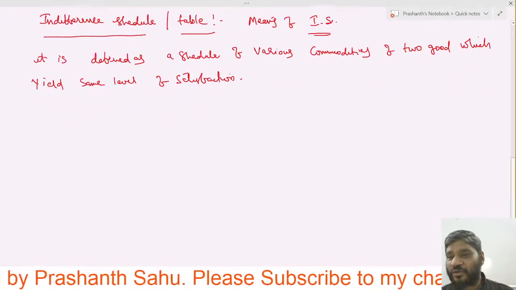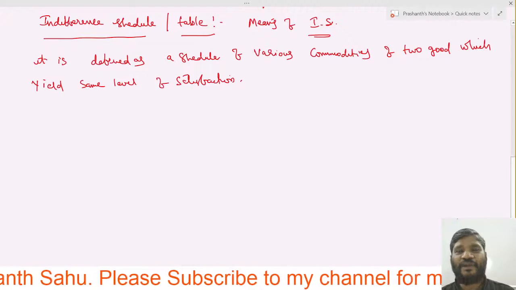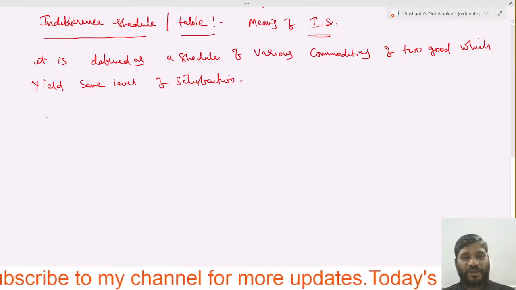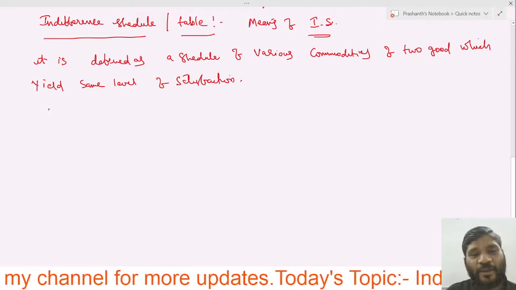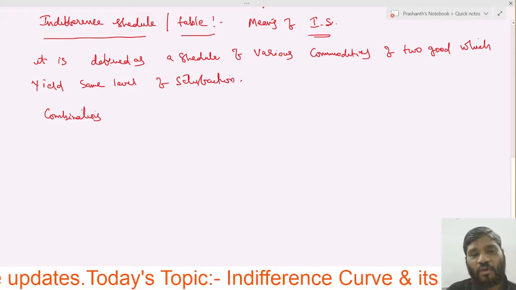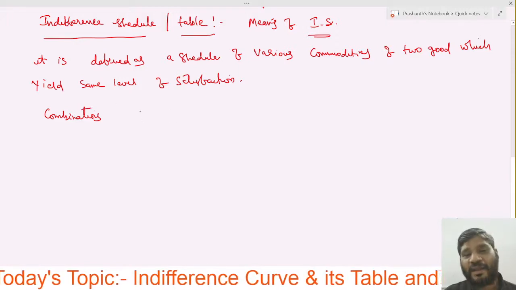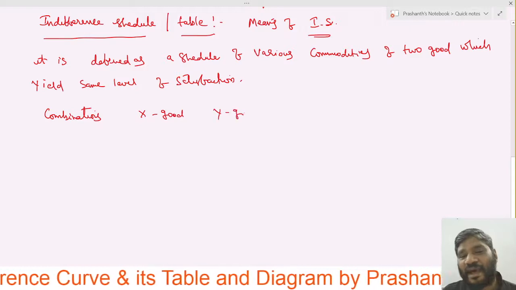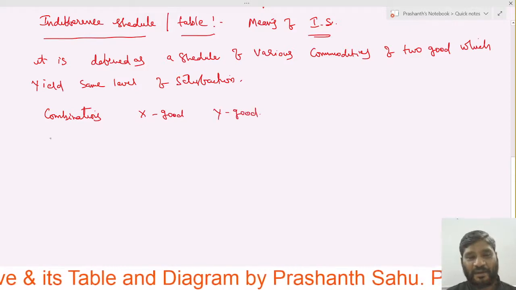If you see this schedule, then you will understand better, right? So here in this schedule, I will write combinations, and here X good, and here Y good I have taken, right?